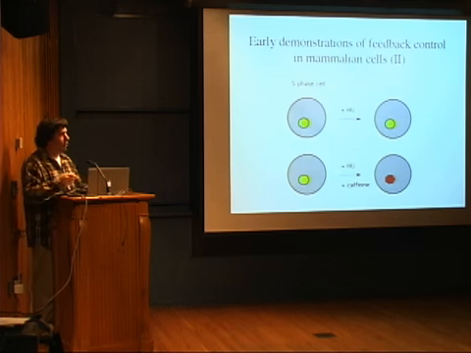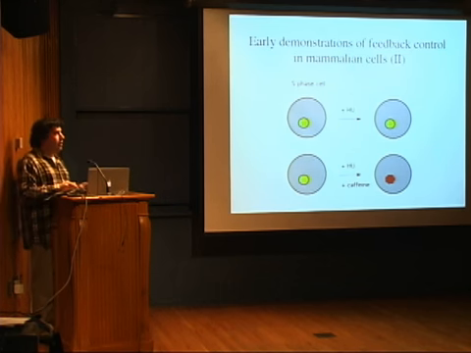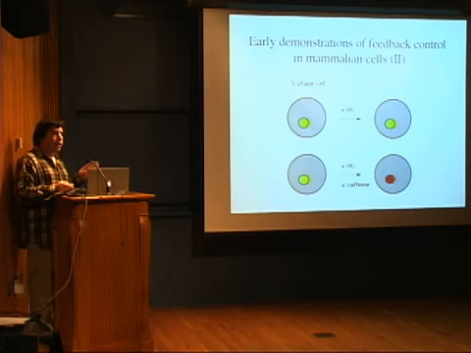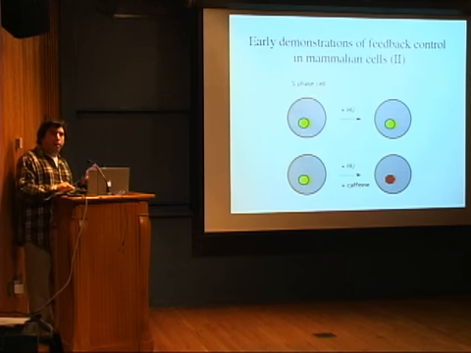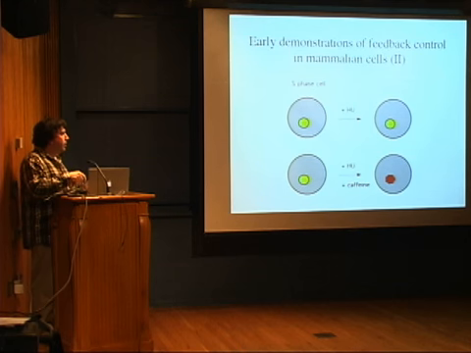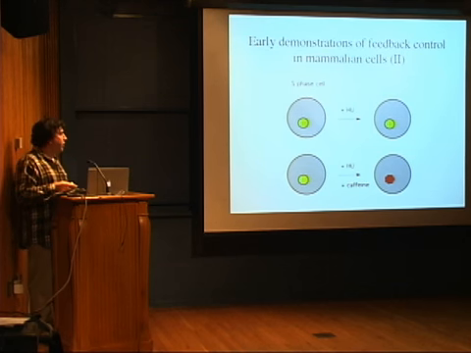Okay, so everything sort of came together in recent years with the idea that yeast genes that have been found in genetic screens were similar to human genes that cause predisposition to cancer, that were affected by pharmacological agents that had been shown previously to affect this feedback control in the cell cycle.